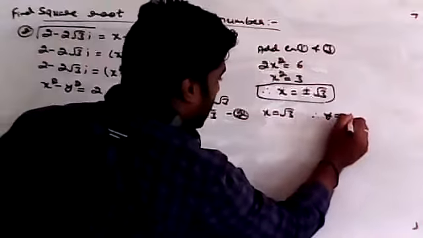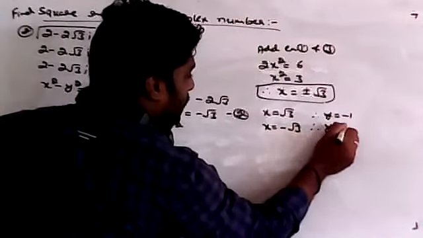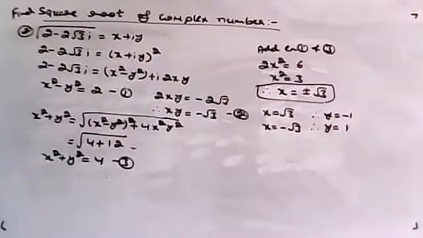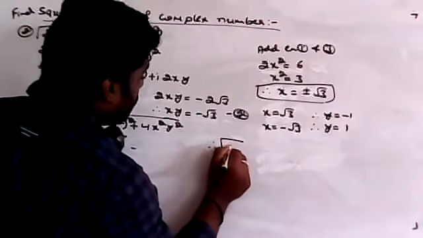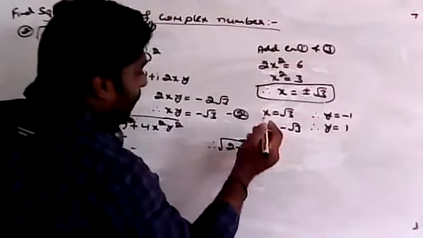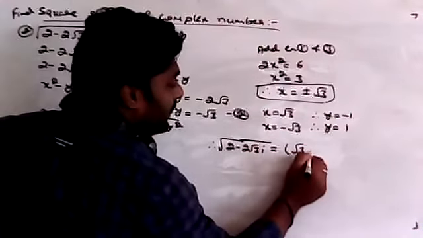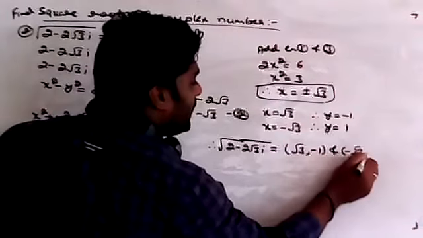Minus 1. When I take x equal to minus root 3, what is the y value? Plus 1. Good. Can you tell me, therefore, the square root of 2 minus 2 root 3i is what? What are the points I'll get here? Root 3, comma, minus 1 and minus root 3, comma, 1.